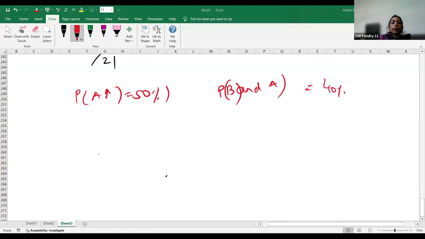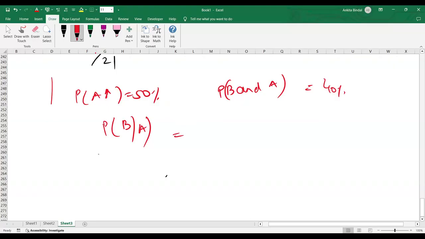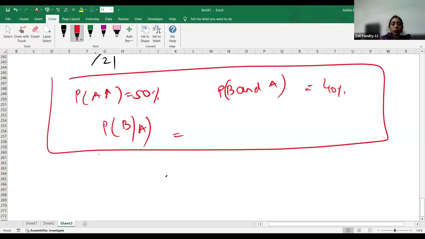What is the probability that B will increase given A has increased? The probability of B given A would be equal to how much? This is the information provided to you: probability of A increasing is 50 and B and A is 40.